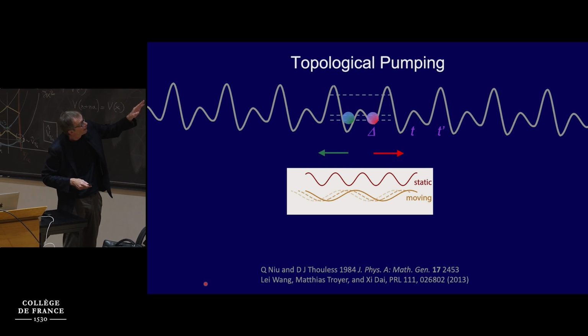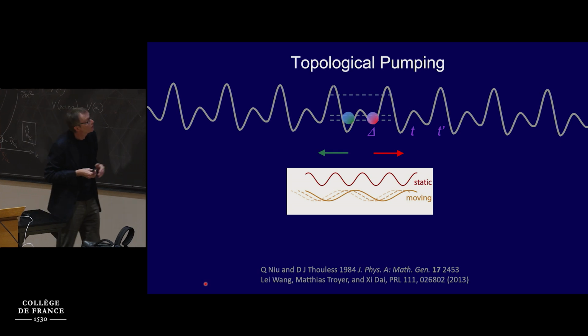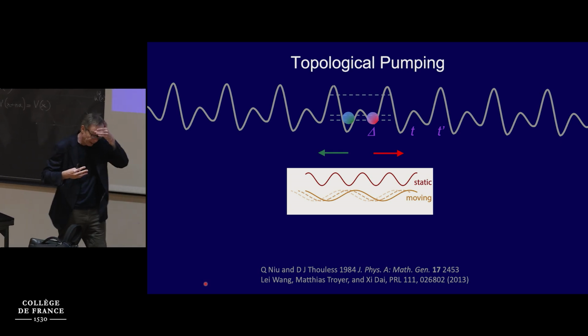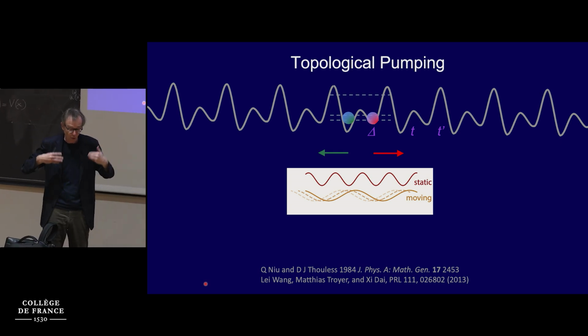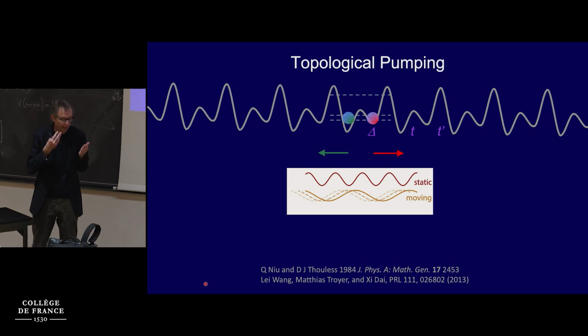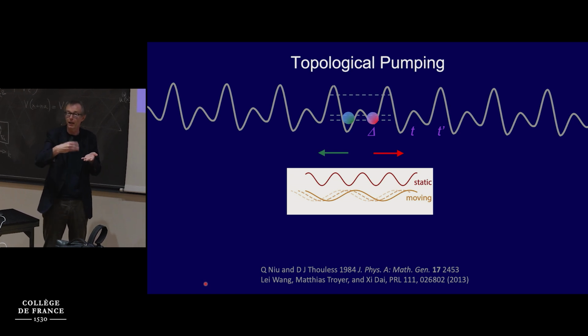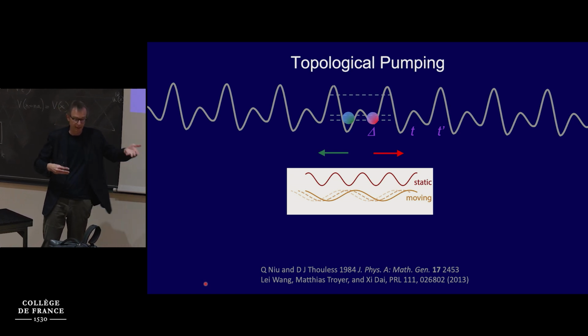And for taking them apart, we use a topological pump. So what's the idea of the topological pump? It is a periodically driven system, and this allows you to move an insulating state or a localized state periodically by an exact amount during each period.